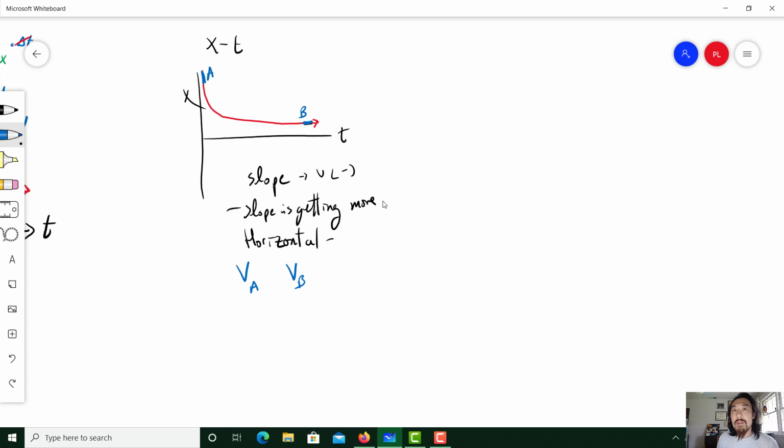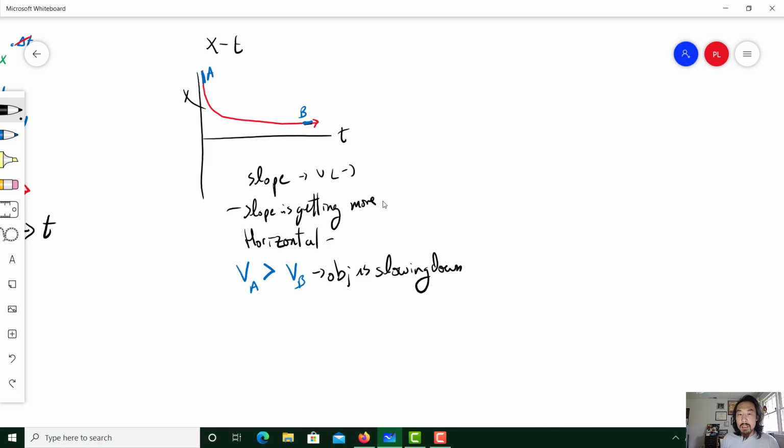And if you have a flat slope for a position versus time graph, that means the velocity is pretty small. So we can say that the velocity of A is greater than the velocity of B. So what this tells us is that this object is slowing down.